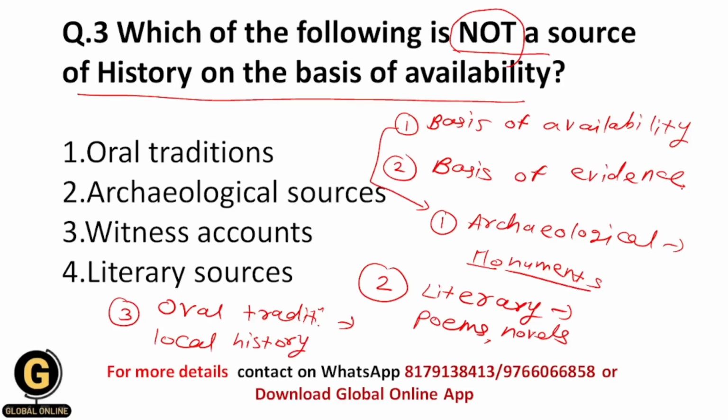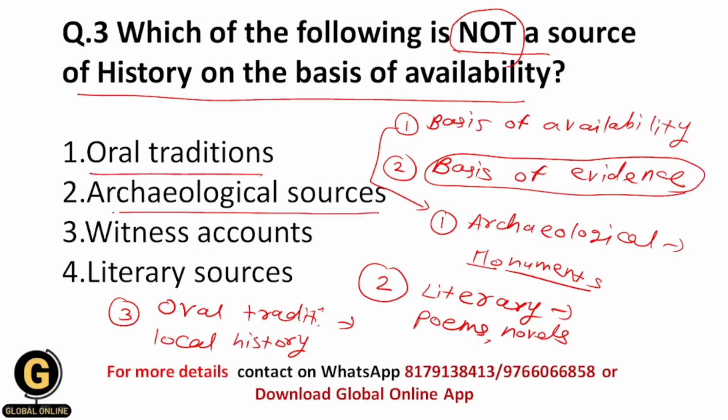Under basis of evidence there are two types. First is primary source and second is secondary source. As we know, a primary source is directly connected to the primary person, the eyewitness, and a secondary source is based upon the primary source. Let us see the options. First is oral traditions, second is archaeological sources, third is witness accounts, fourth is literary sources.